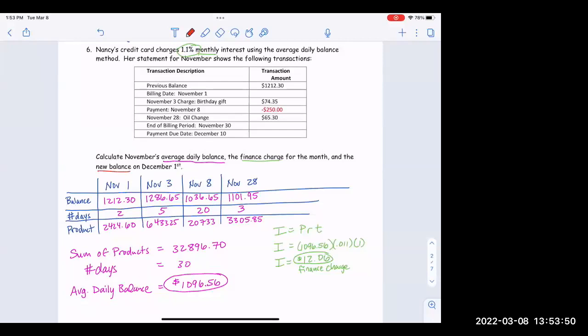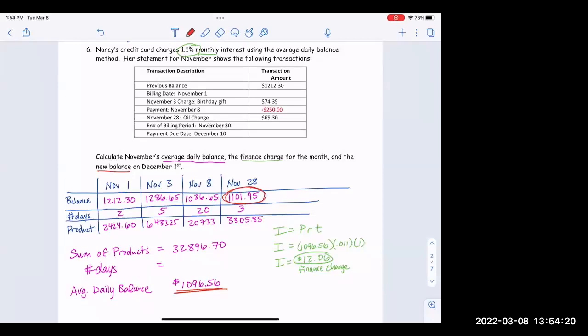So the most common mistake I'll see here is that people will take that average daily balance, 1,096.56, and add the 12.06 to that. But this is not our last balance, right? That was the average daily balance. That was the balance on average. The last balance was the one on November 28th, the one through the end of the month.